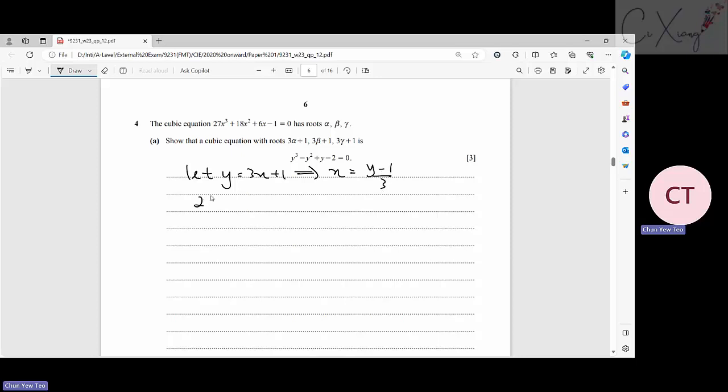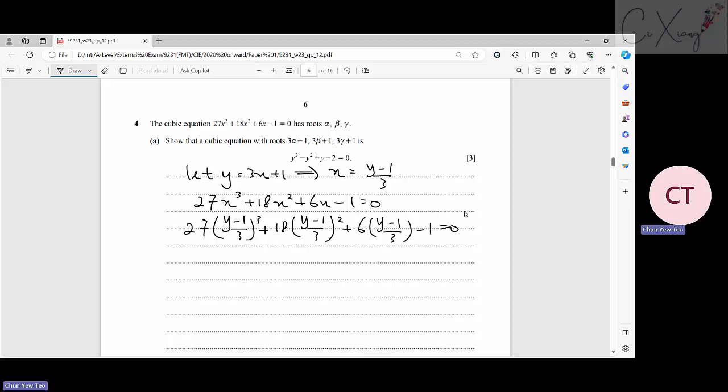So from the equation 27x cubed plus 18x squared plus 6x minus 1 equal to 0, replace all the x with y minus 1 over 3. Then this one will become y minus 1 over 3 squared, and this one will be y minus 1 over 3, minus 1. So just expand using the binomial expansion.